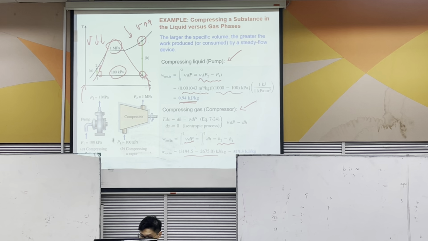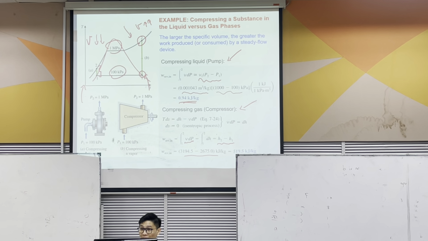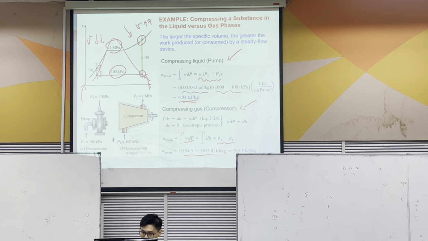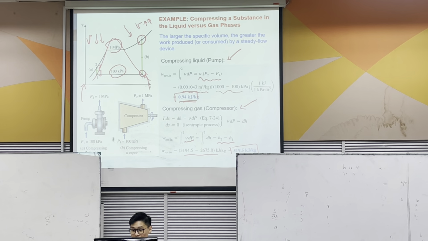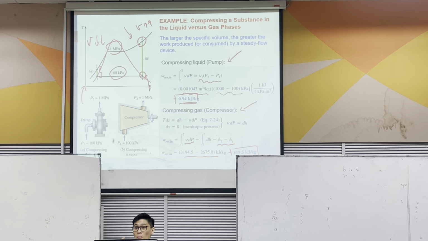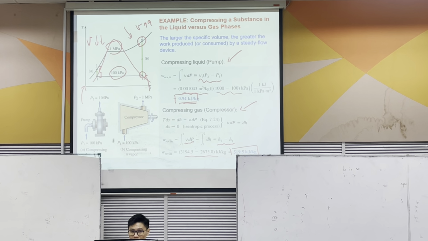You will see that this is a change in the energy, meaning this change in the energy is caused by the work in. So this work in, you can see this value compared to this value. It is very different, even though both of them are trying to do the same thing, meaning increasing the pressure from 100 kilopascal to 1 megapascal. But the value here is actually very large.